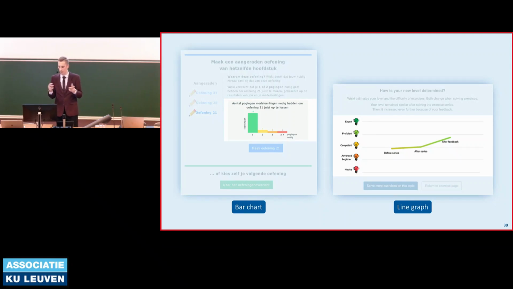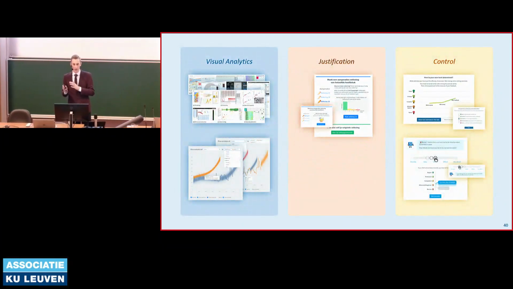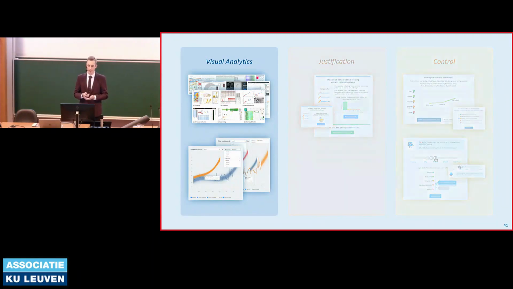That's not what I'm talking about. I'm talking about data visualization. And you already know this is not new. We all know bar charts and line graphs, and maybe you also know these disgusting pie charts in Excel. That's the visualizations that I'm talking about. Good. 3 general approaches. Visual analytics, let's start there.